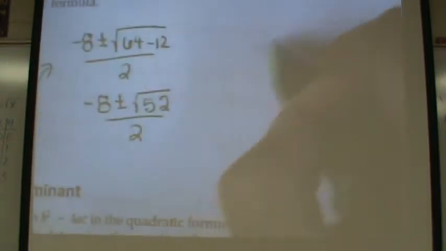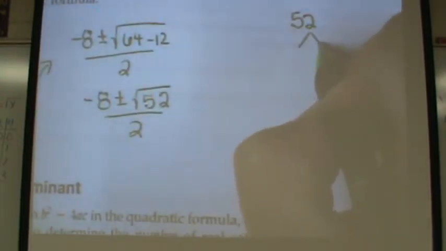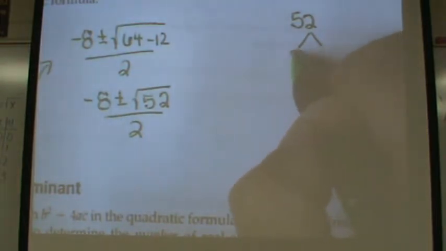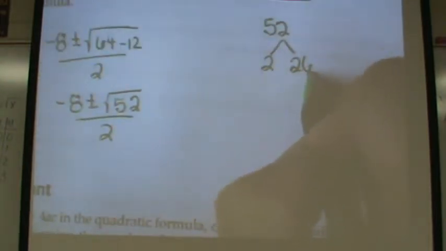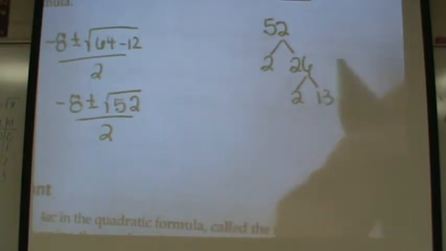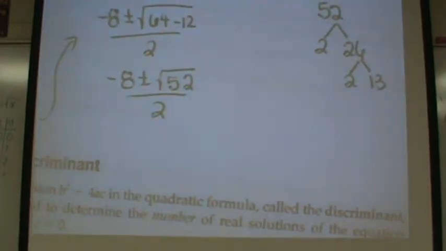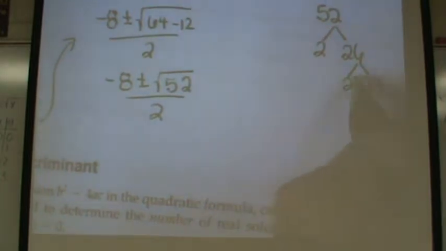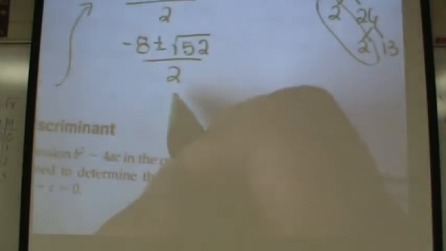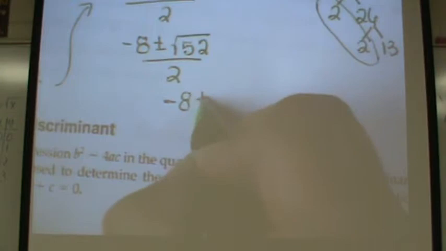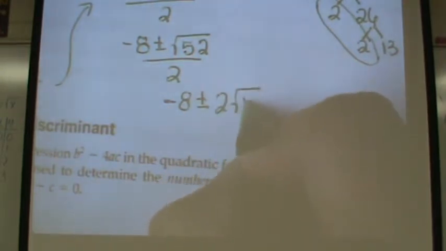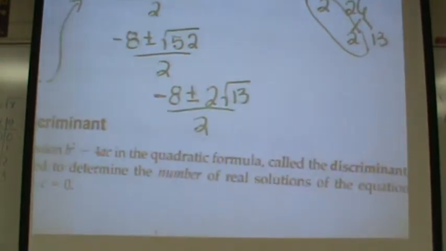Can you simplify 52? I'm going to break 52 up. I'm going to make a little factor tree. 2 times 26 and 2 times 13. Is there any factor that can come out of 52 that we can pull out of the radical? This 2 right here. So this is -8 plus or minus 2 root 13 all over 2.